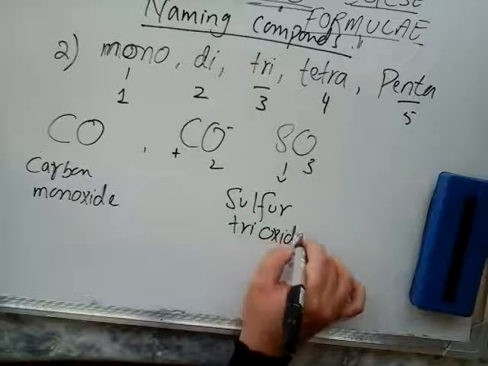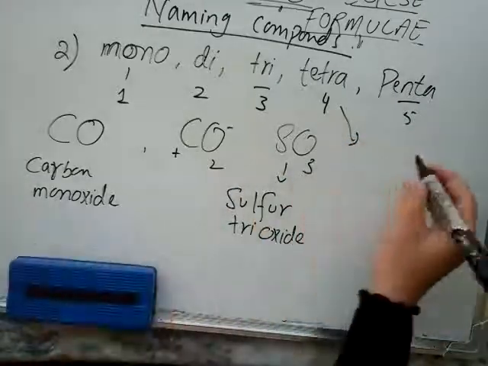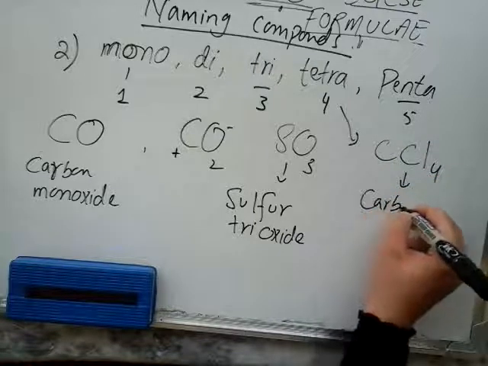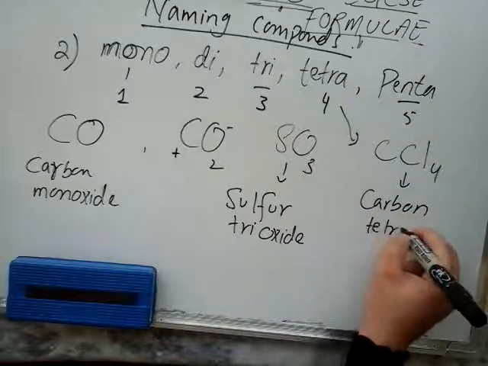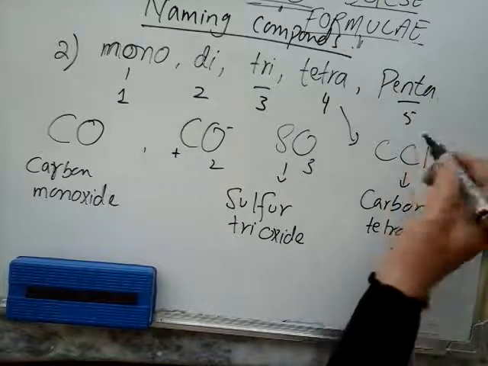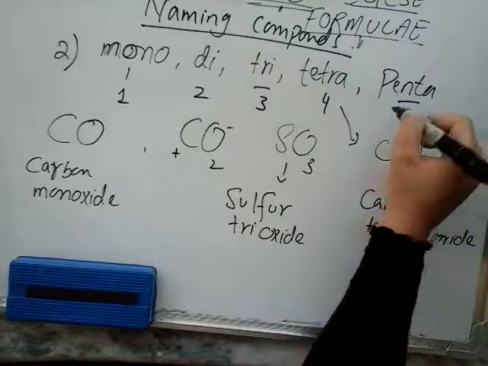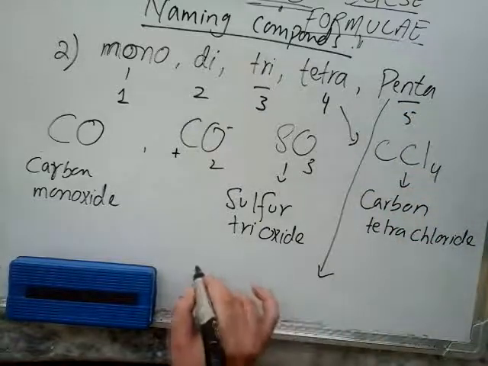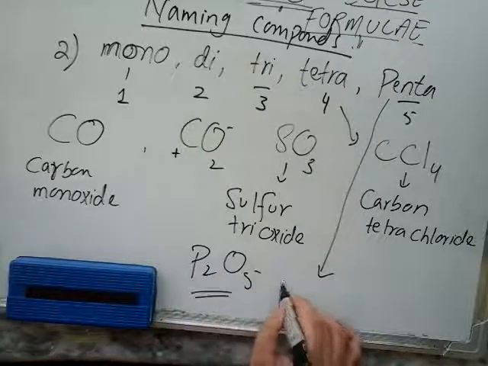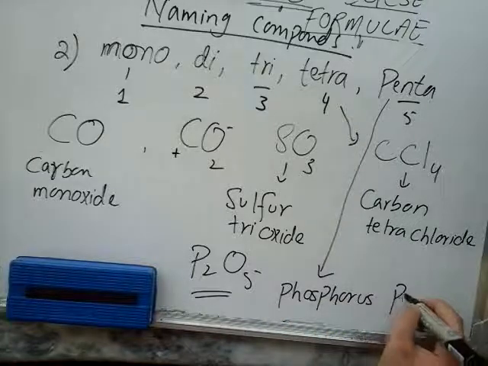Okay, then for example, carbon tetrachloride. Okay, penta. How do we use penta? For example, phosphorus pentaoxide.